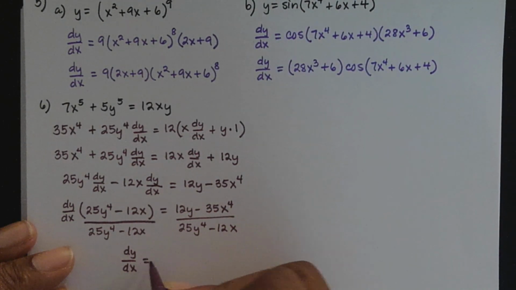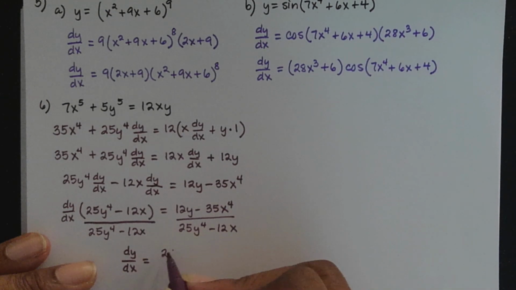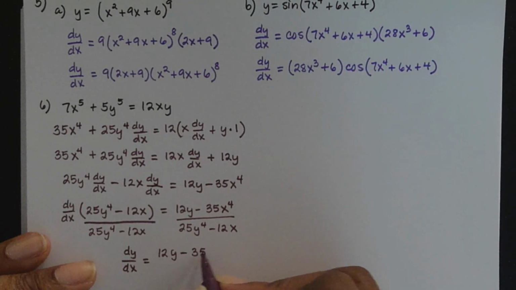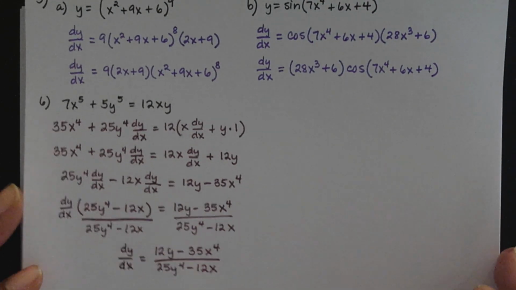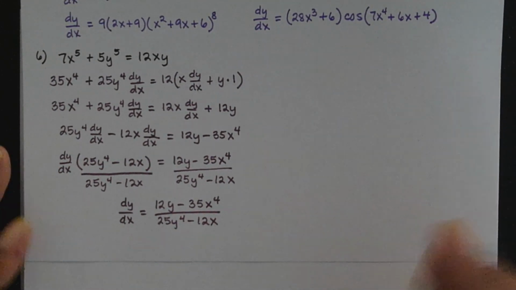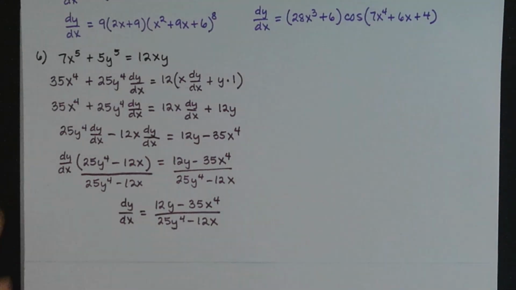So dy/dx would be equal to 12y minus 35x to the fourth, divided by 25y to the fourth minus 12x. Are there any questions about problem number 6?